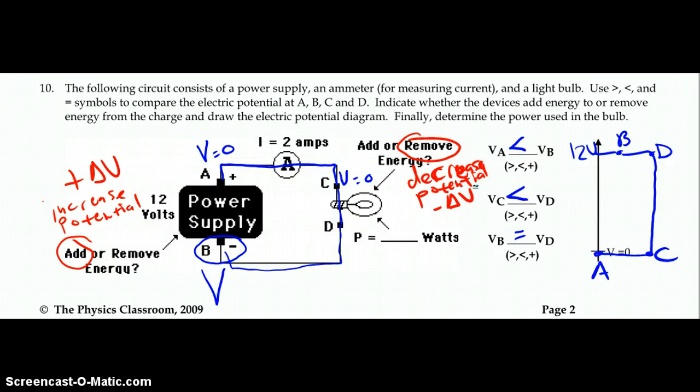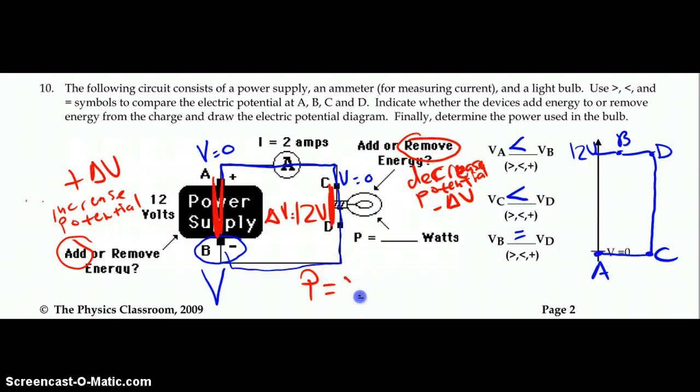Now again, every time you go around any loop in an electric circuit, all of the positive potential increases must be equal to all of the negative potential decreases. So if we have 12 volts of potential added between points A and B, we must have 12 volts of potential lost between points D and C. Now that we know the potential difference there and we know the current, we can calculate the power.